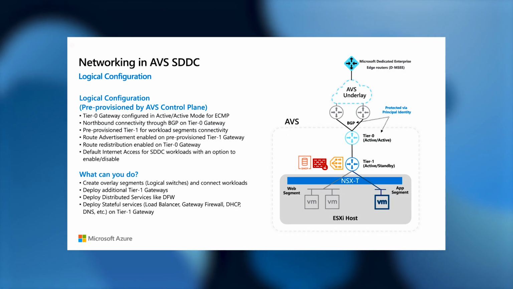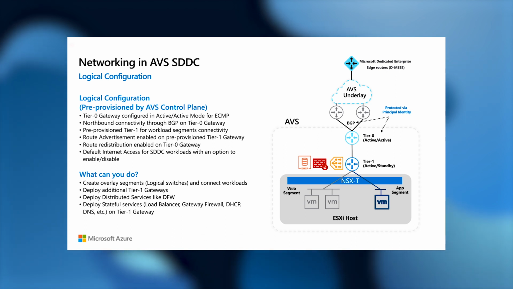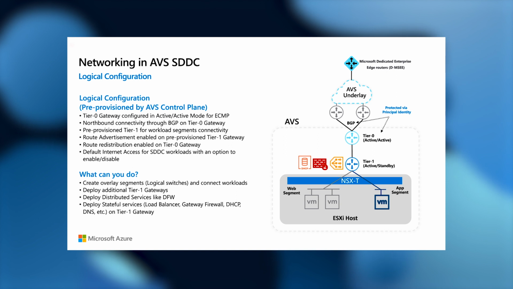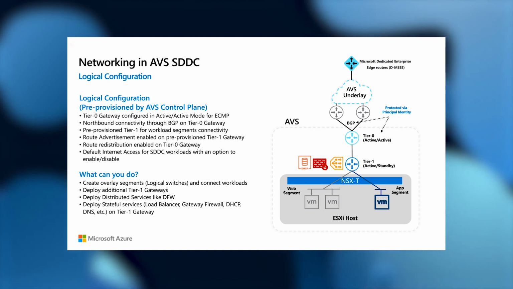Moving on to the logical configuration. We also plumb in some logical configuration for you so that when you create an SDDC, it is ready for consumption. All you do is come in, create some segments or layer 2 switches, and you can start consuming the platform. So what do we do in the background for logical configuration? We create a tier 0 gateway, which is in active HA mode.